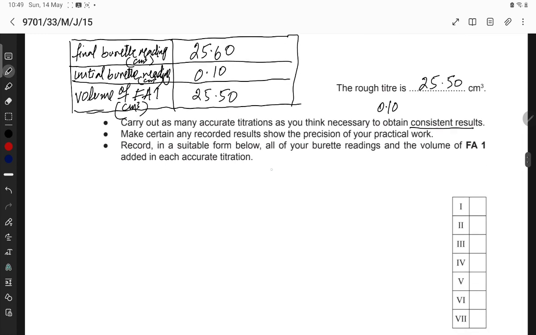Record in a suitable form below all your burette readings and the volume of Fa1 added in each accurate titration. So we draw a similar table as above, carrying out as many titrations as we need until we get consistent results.